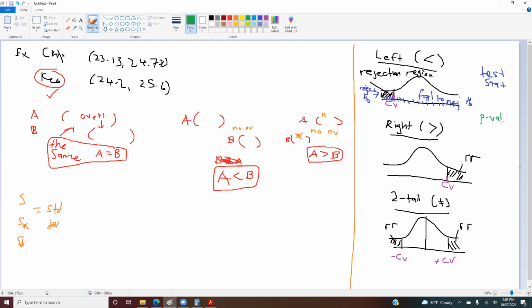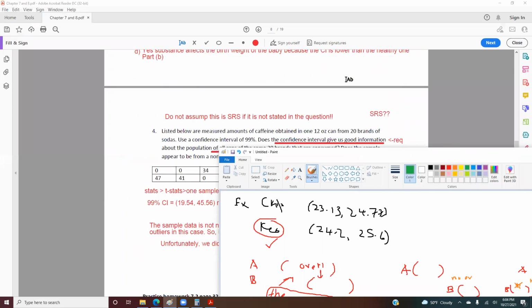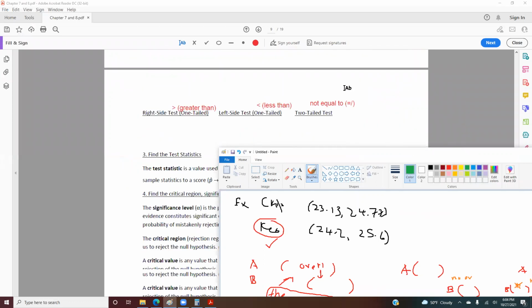These are all big words. In this class, we do not do the rejection area. We don't do the critical value. We will do the p-value, and I will explain what the p-value is. There are quite a lot of ways to perform a hypothesis test.